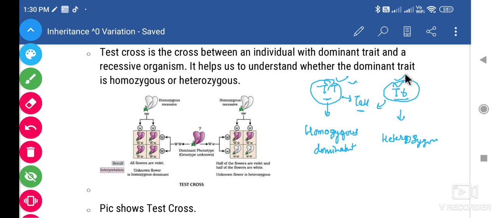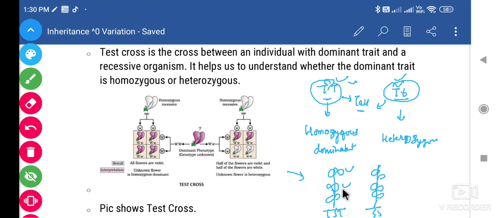So both plants will be tall in physical appearance. The phenotype of both plants will be the same, so we cannot look at the gene level and determine which genotype these plants have.